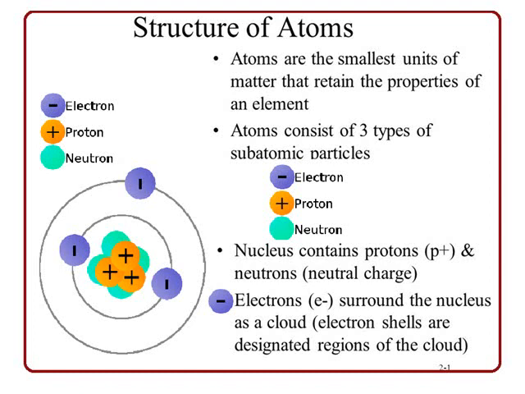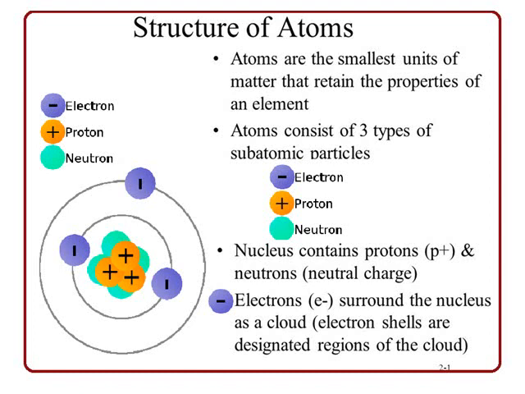They are the negatively charged electron, the positively charged proton, and the neutron, which has no charge. And now look at the nucleus. What is the nucleus made up of? The nucleus is made up of the green colored neutron, which has no charge.